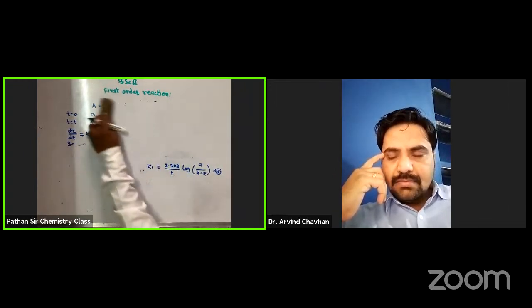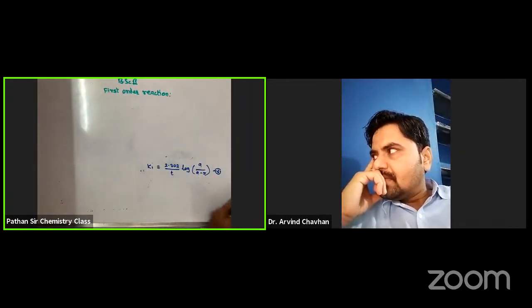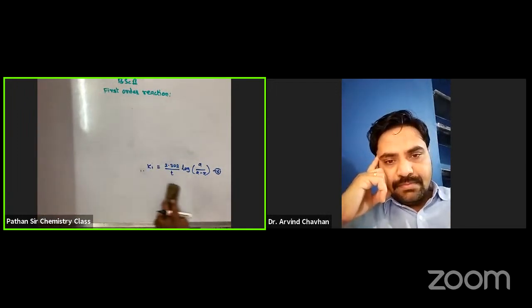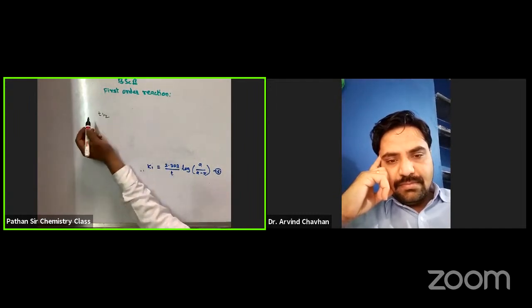Again, what is half life? So half life of the reaction is the amount of time, the total time required to halve the initial concentration. That means the time taken to finish half of the initial concentration is known as the half life of the reaction.